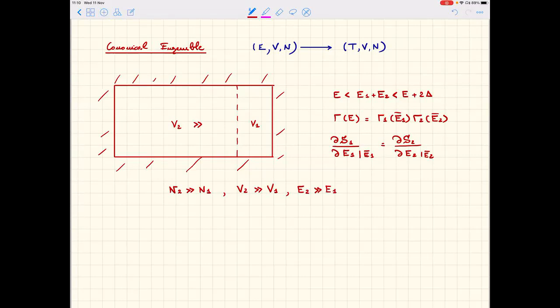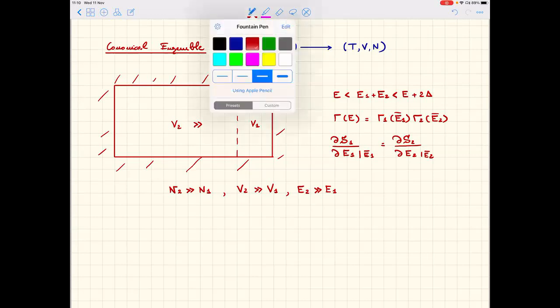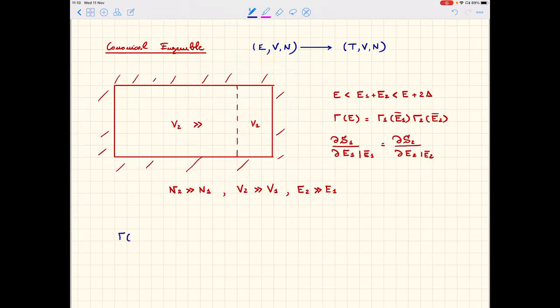Okay? Now, formally, I can write gamma phi as being equal to the integral between E and E plus 2 delta, E1 plus E2, dQ1 dP1 dQ2 dP2.